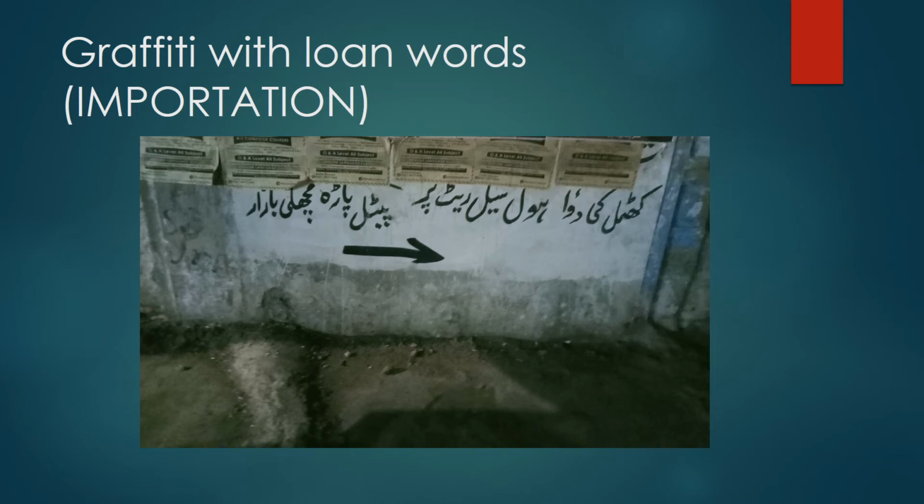We have another graffiti here, and it is basically an advertisement for some insecticide. It says in Urdu that it's an insecticide for bugs. The word wholesale is a word in English. It has been adapted here, and this is an example of importation.